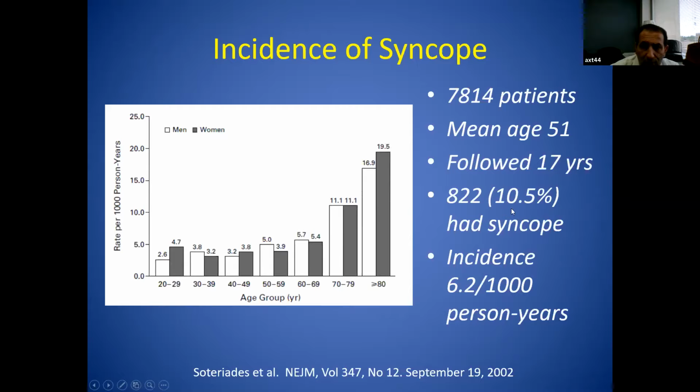And in this study, out of 7,800 patients, 822 experienced syncope, at least one episode in 17 years. So about 10.5% of the population they studied had syncope, and the incidence was 6.2 per 1,000 person years.